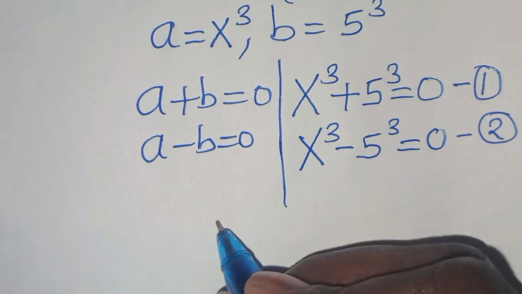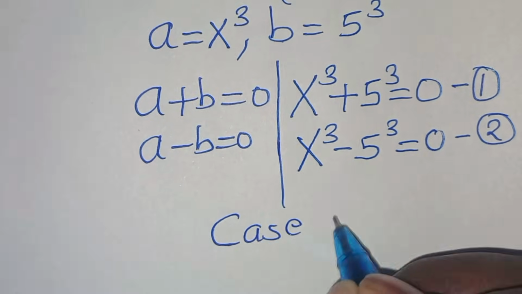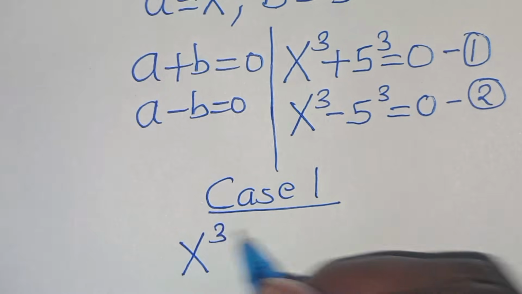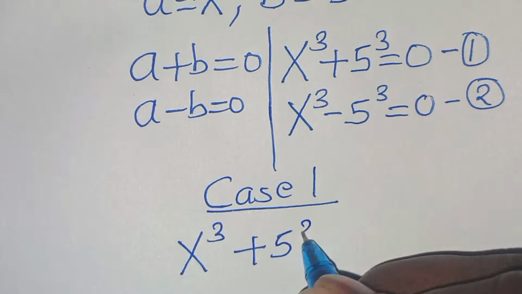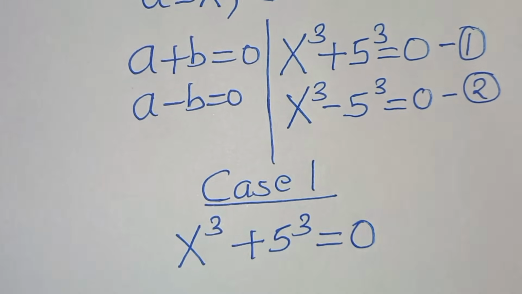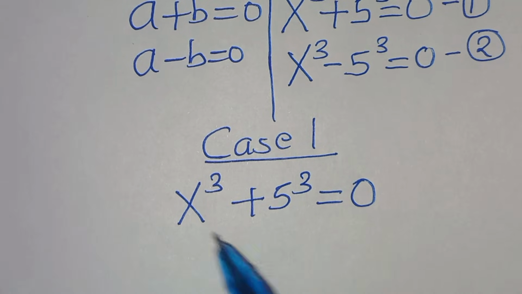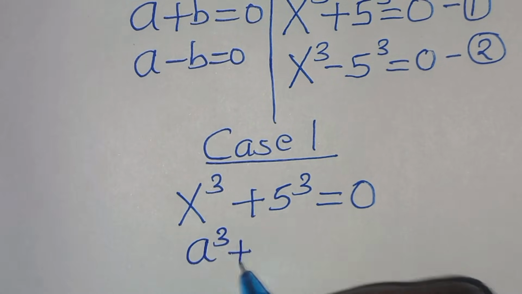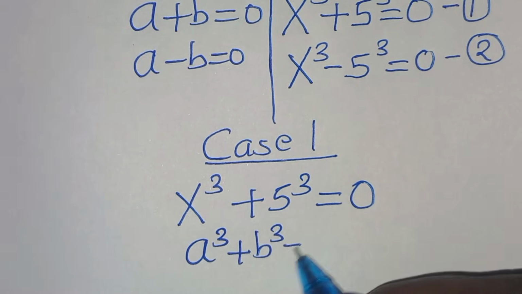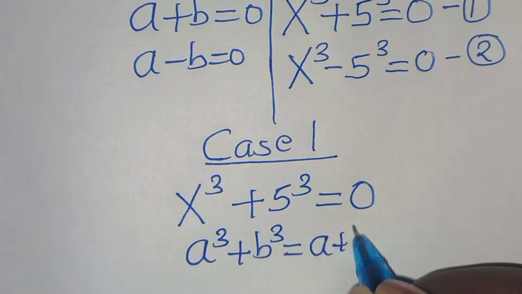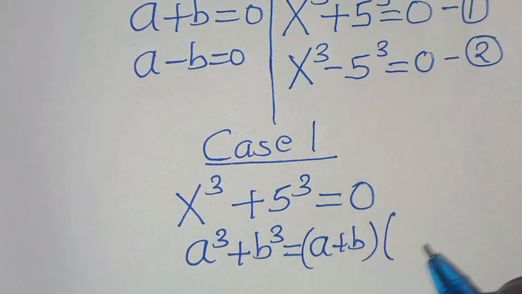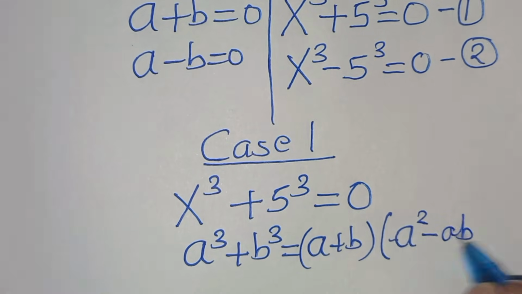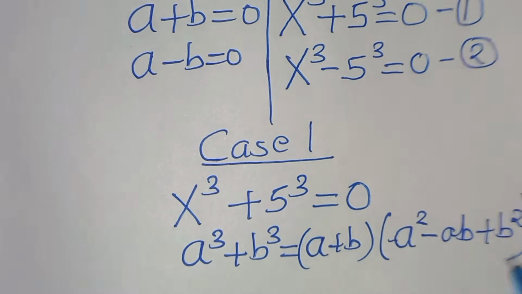So let's start with case 1. In case 1, we have x to the power of 3 plus 5 to the power of 3 equal to 0. Now, this is the sum of two cubes, a to the power of 3 plus b to the power of 3, which we can express as a plus b in parentheses, a squared minus a times b plus b to the power of 2.